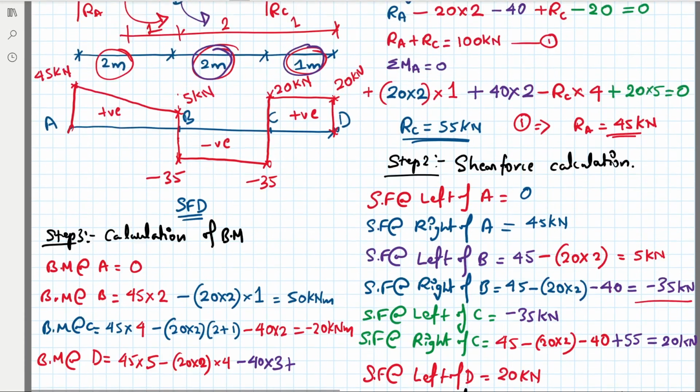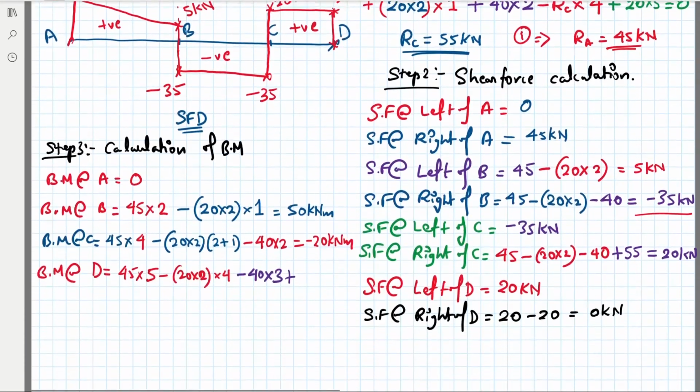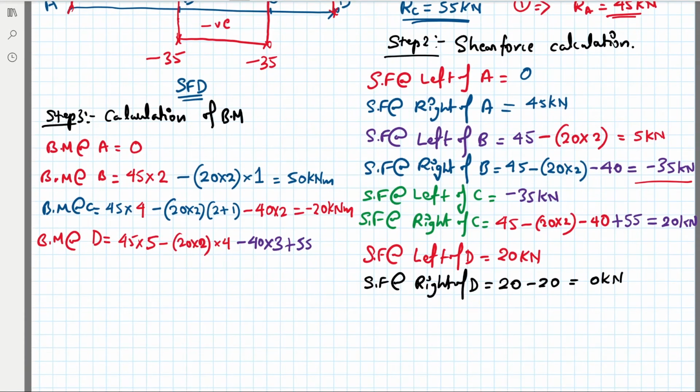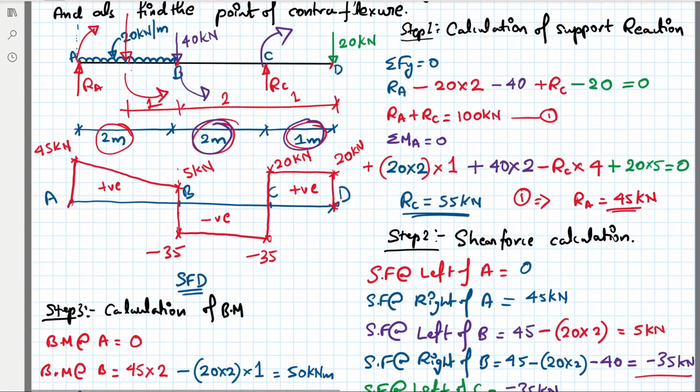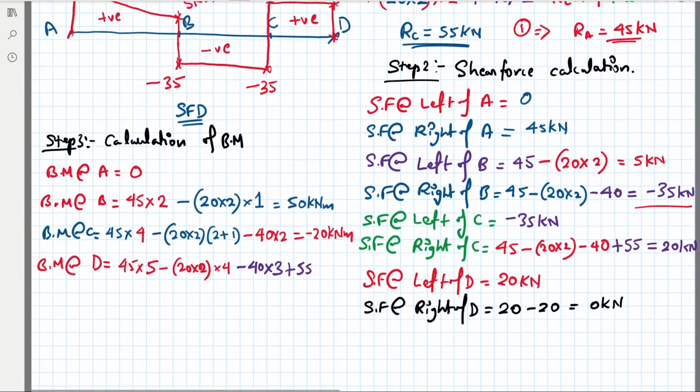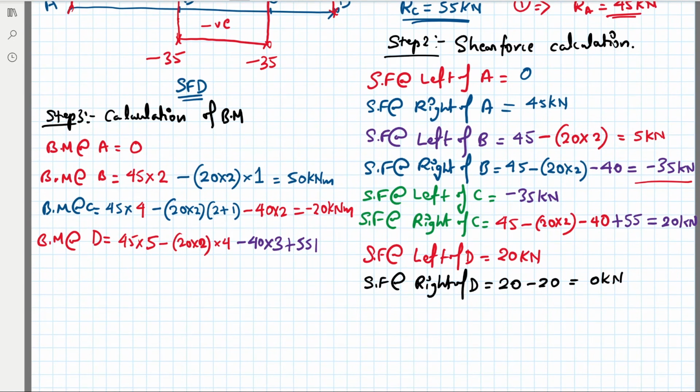The RC value from the first step is 55 kilonewton, and the distance from D for RC is 1 meter. So multiplying with 1, we get 0 as the moment.